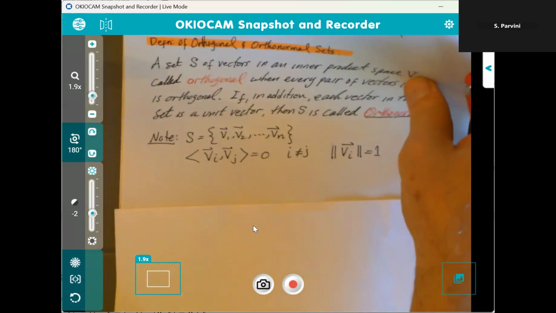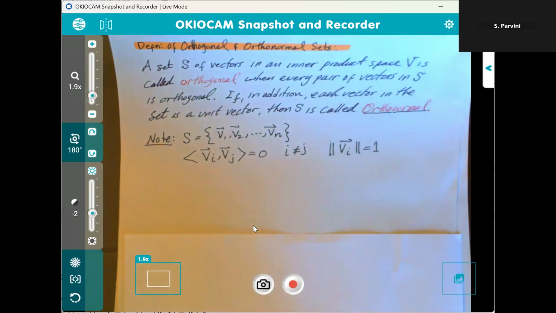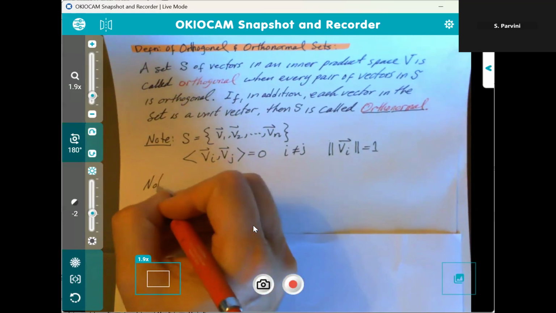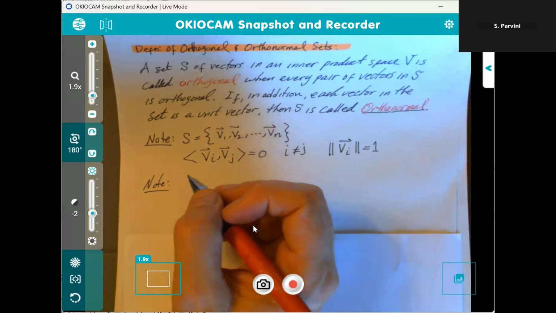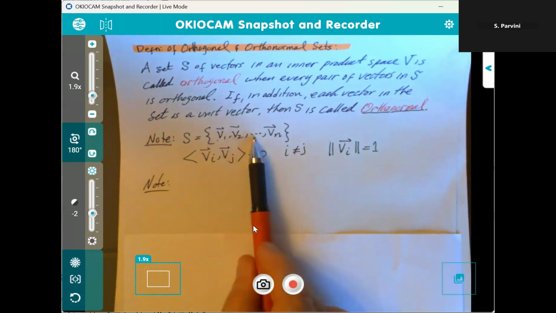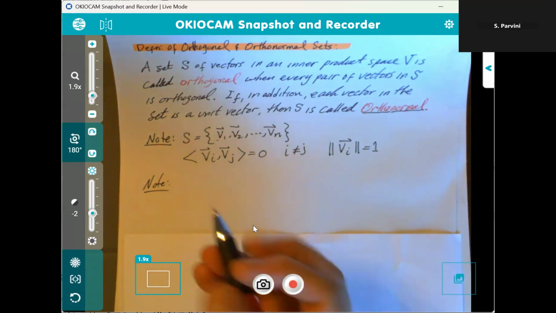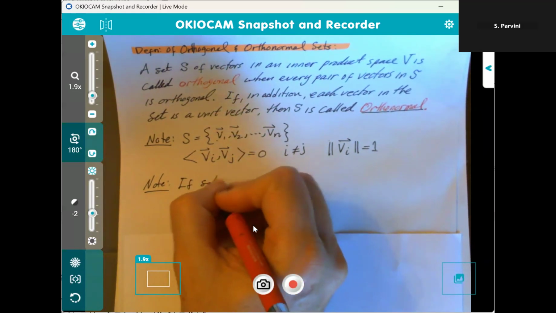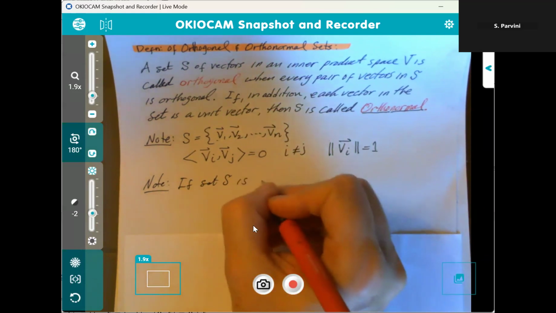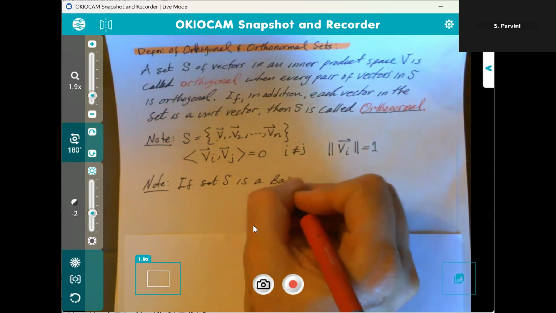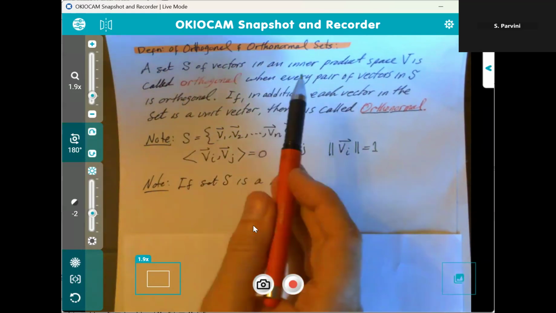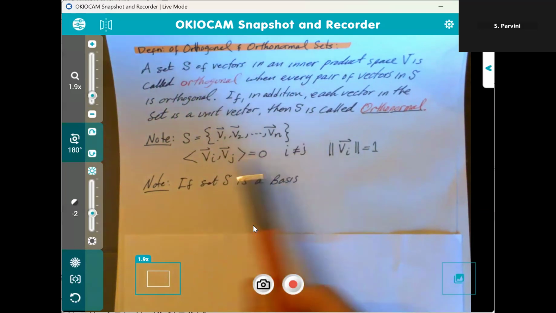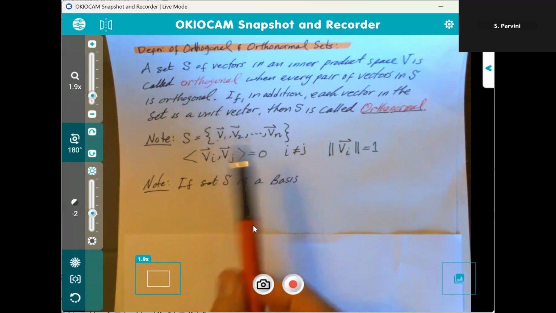Now, please, if you have any questions, feel free to ask, folks. Now, let me put another note in regard to this, by the way. What if this set S is a basis? Because the definition doesn't require it to be. It just says, suppose you have a bunch of vectors. As long as this holds, then this is an orthonormal set.